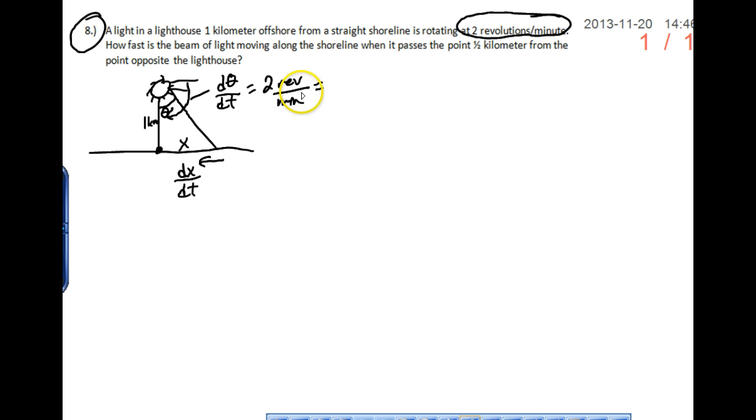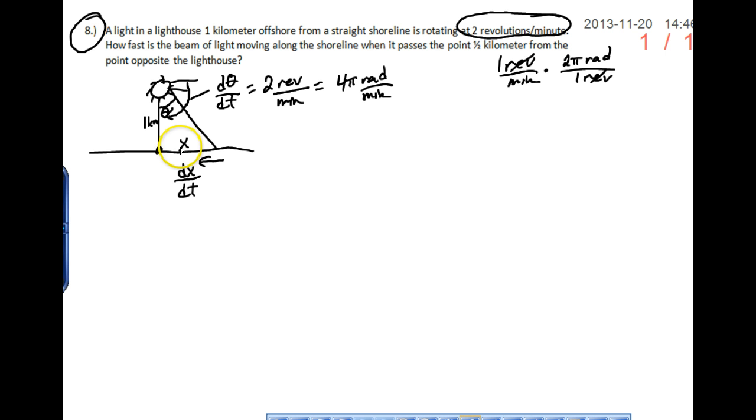If you want to convert revolutions per minute into an angle, you would have to multiply by 2 pi radians per 1 revolution. So revolutions would reduce, leaving you with 2 pi radians per minute in 1 revolution. So if you have 2 revolutions per minute, that means you have 4 pi radians per minute. Now, remember, radians is an important angle measurement because it is directly connected to distance.